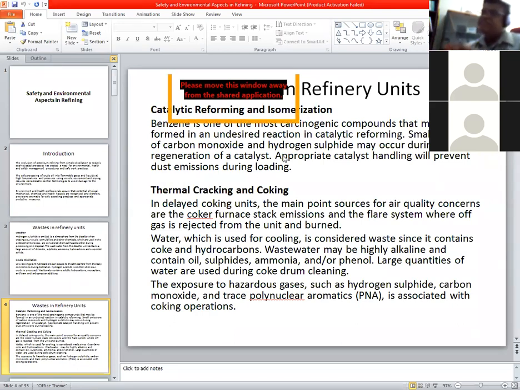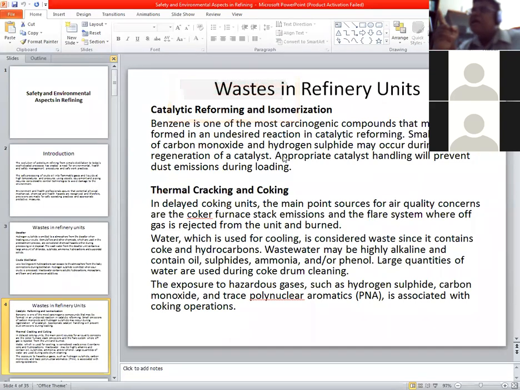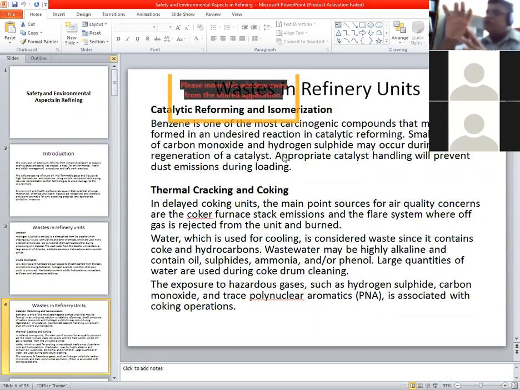Another thing: since the thermal cracking unit uses high temperatures, the unit must use a huge amount of cooling water, because the equipment must be cooled down by circulating water. In a refinery the cooling water is very important, not only in the thermal unit but in other units also, where water is circulating to cool down. When the water circulates, heat exchange occurs and produces hot water. This hot water goes to the cooling tower to reduce the temperature.